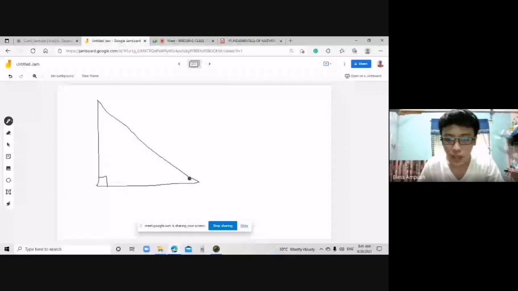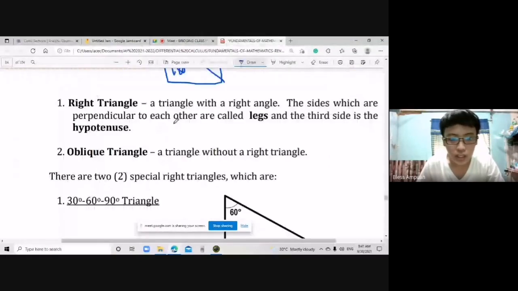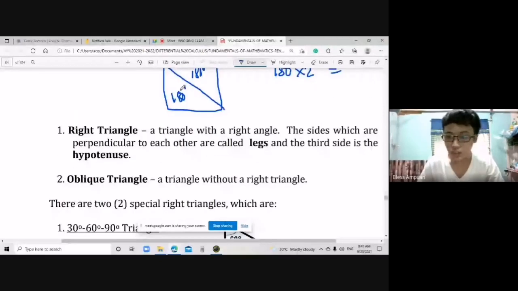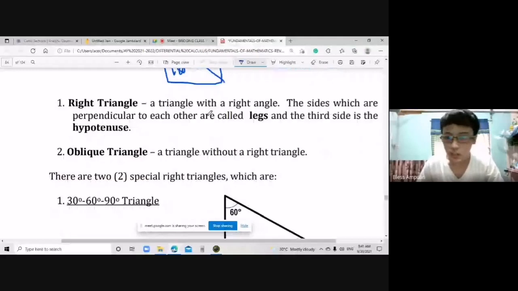So we have triangle A, B, and C. If this is our hypotenuse, it's capital C. And the other sides are called the legs. The sides which are perpendicular to each other are called legs.